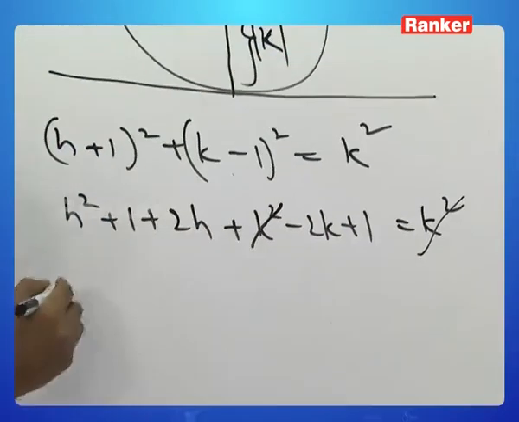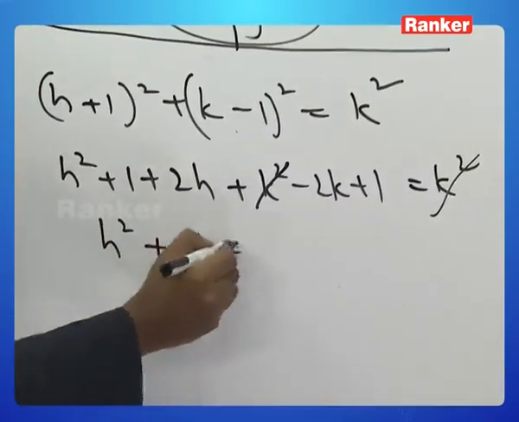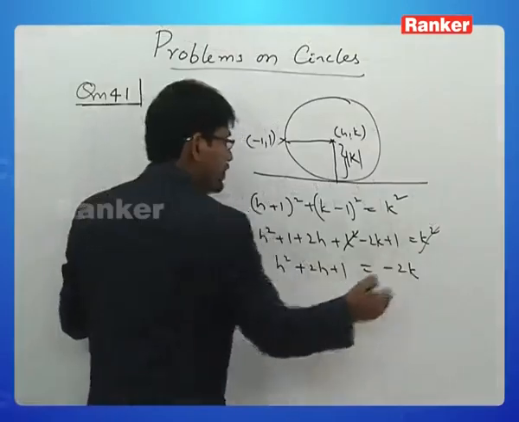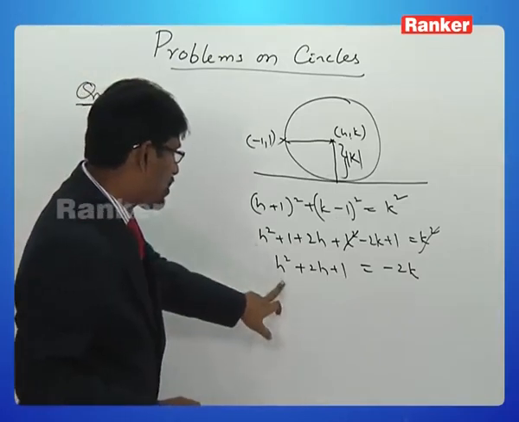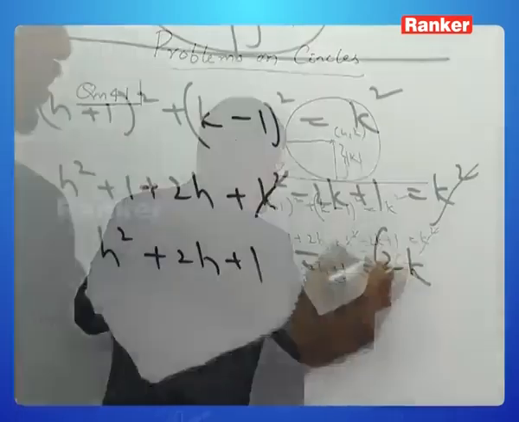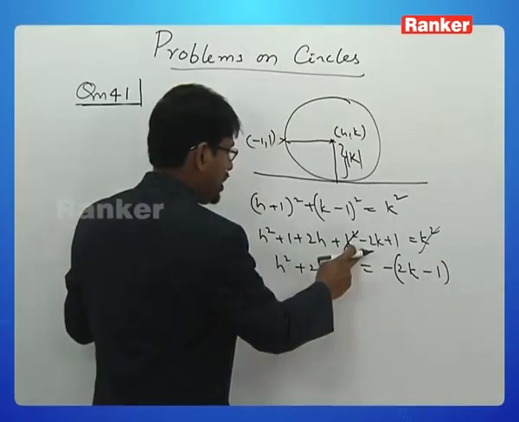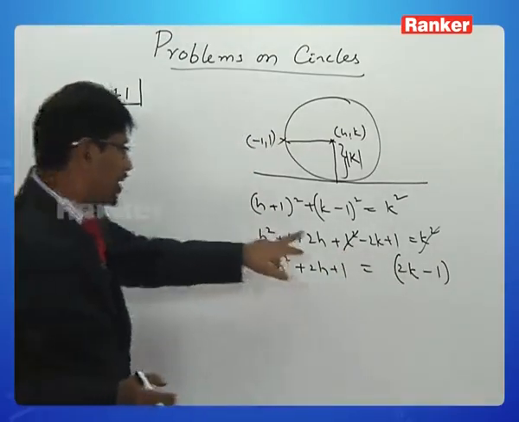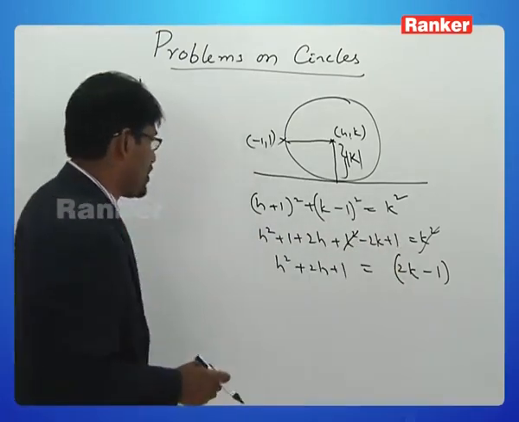What do we have? h square plus 2h plus 1 is equal to minus 2k plus 1, sorry, it's to be 2k minus 1. When I take that minus 2k to the other side, it becomes 2k, and this 1 that we carry will be like this.